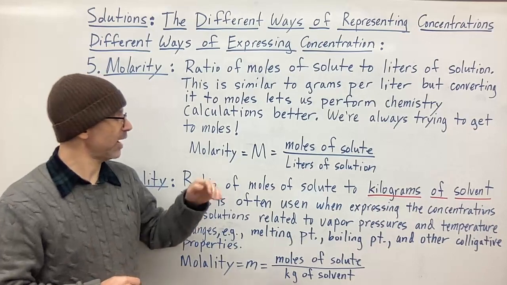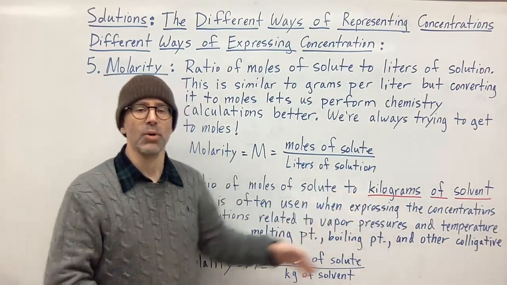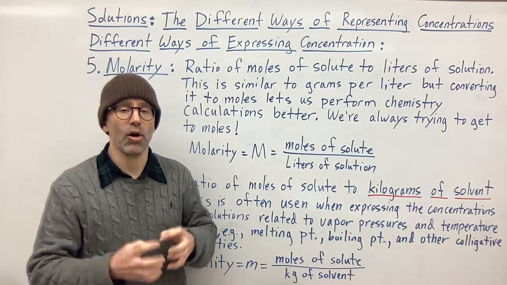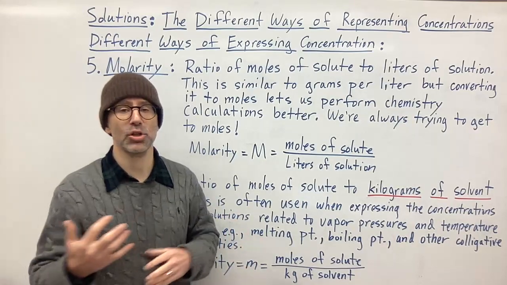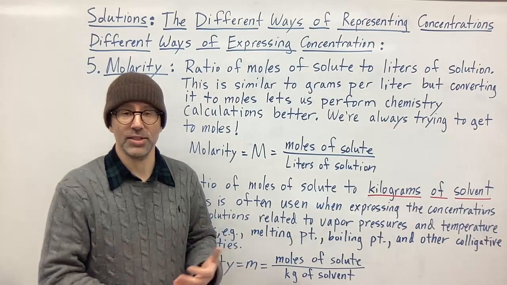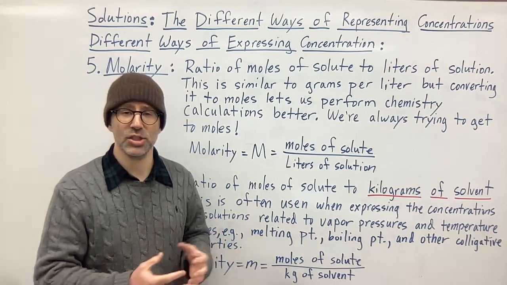The reason that this is better in this case is when we're using kilograms. When you're using volumes, volumes can change depending on the temperature, right? So at high temperature, low temperature, your volume can change, and that would change your concentration, which is something you probably don't want in certain situations.